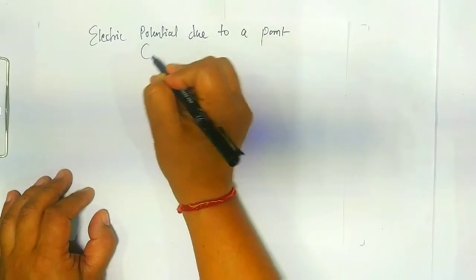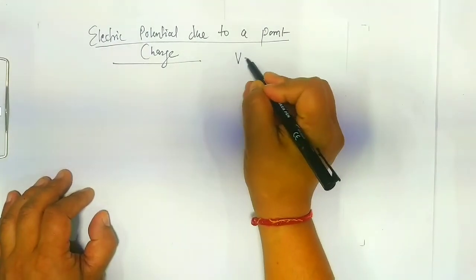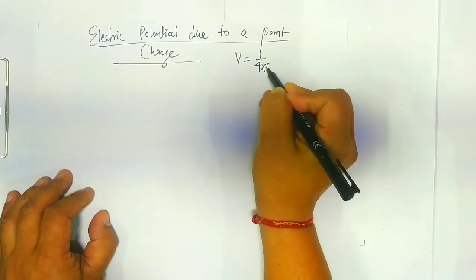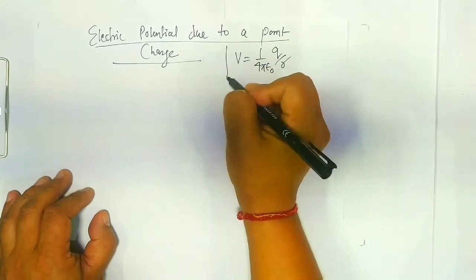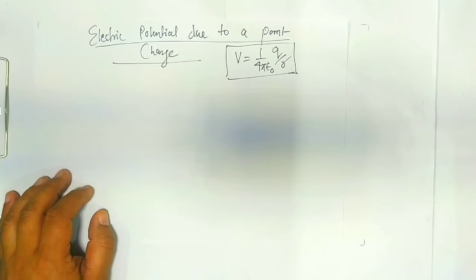So this is the first derivation, and already we remember the formula. What I wrote is 1 upon 4 pi epsilon naught Q by R, K Q by R. Remember single R. So we are going to define it.